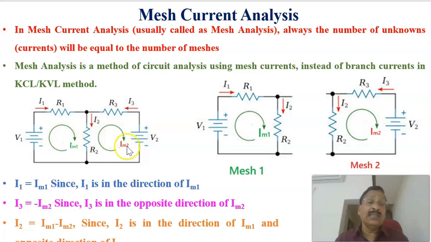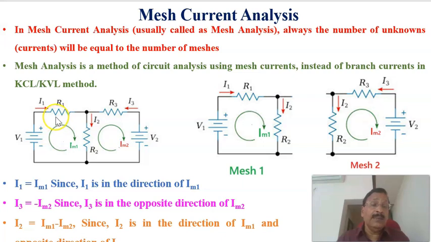Once we calculate these mesh currents, we can calculate the branch currents in terms of the mesh currents. In this electric circuit there are two meshes, mesh 1 and mesh 2, and there is one element which is common to both: R2 is common to mesh 1 and mesh 2.